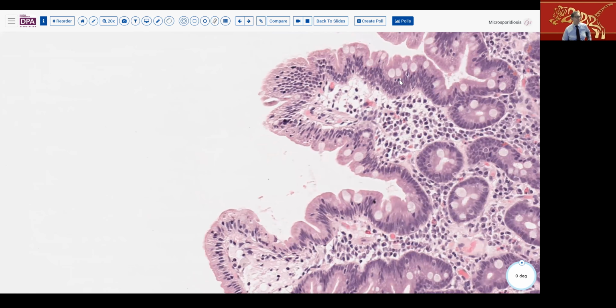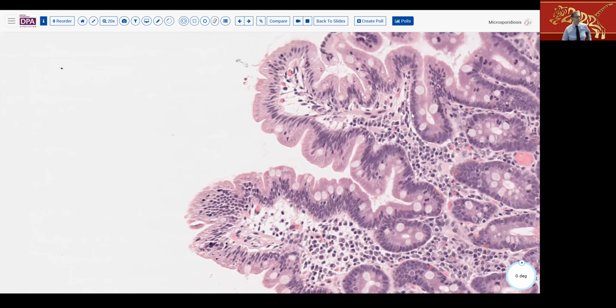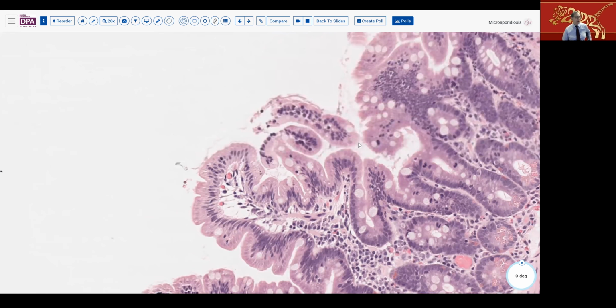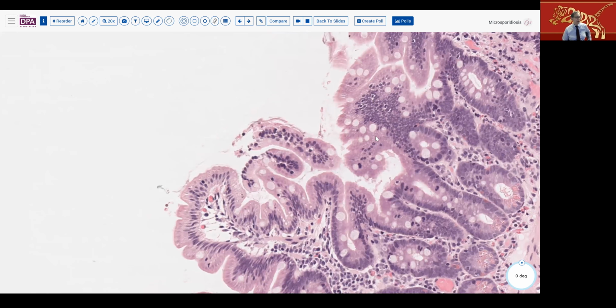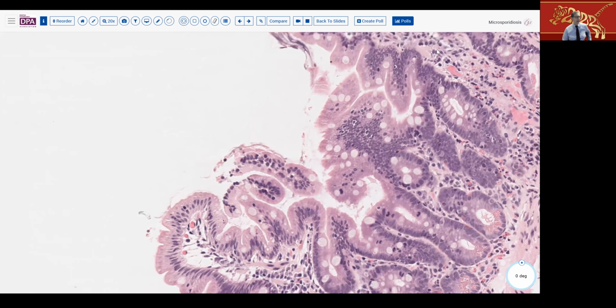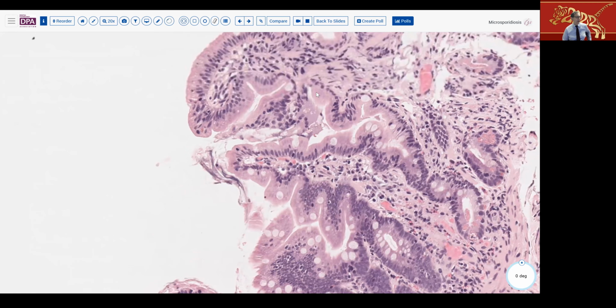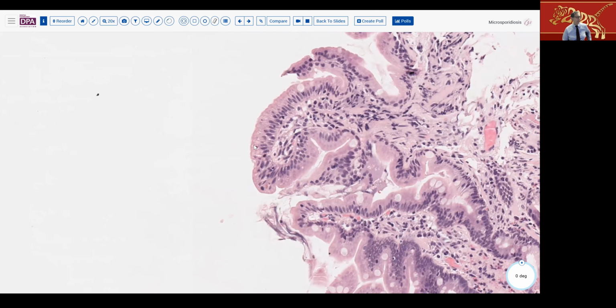Go along and look at a few more areas along the way. You see here we've got some odd, slightly basophilic structures that could be nuclei or could be something else. And here we can see, again, a few of these little basophilic inclusions in the epithelium.